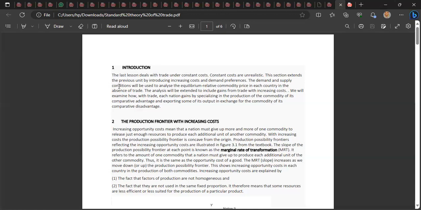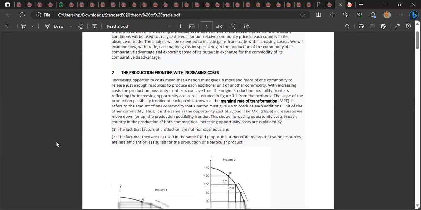But this particular version deals with a situation where there are increasing costs, right? So increasing costs basically give birth to a PPF curve, or a production possibility frontier the way we know it, or a PPC. So I'm just gonna peruse that for you.